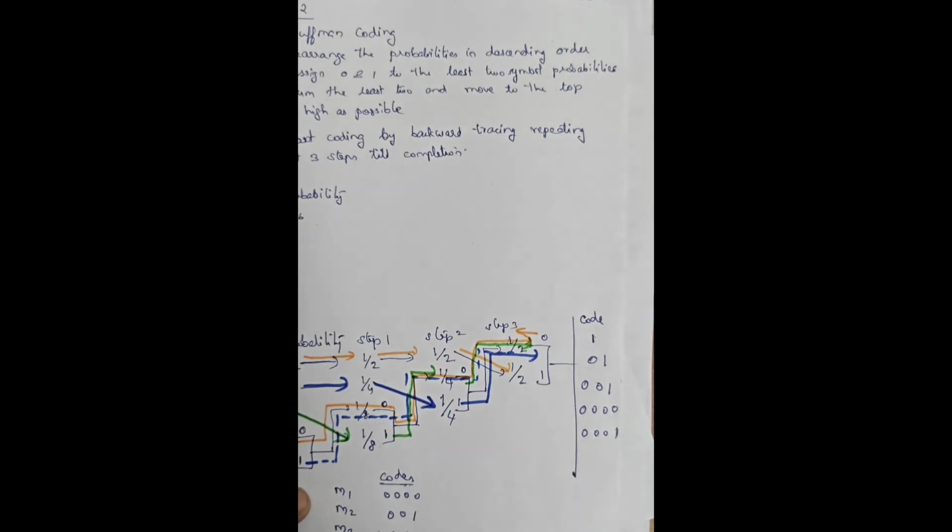What is the code for M1? M1 is all zeros. M2, what is it for M2? The third one, 0, 0, 1. M3, second one, that is 0, 1. M4, again it is 0, 0, 0, 1. And M5, the last one. Okay, these are our code words.